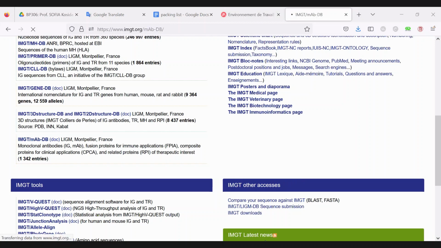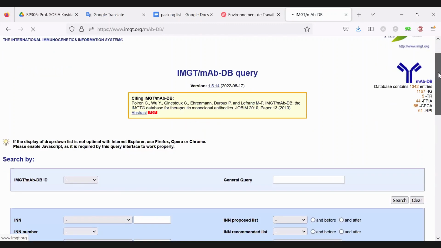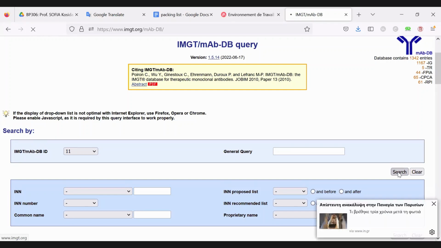I hope it's loading. There you are. This is the reference. This is the interface. I can choose randomly any number. So I show you. I search for monoclonal antibody 11, the IMGT number.